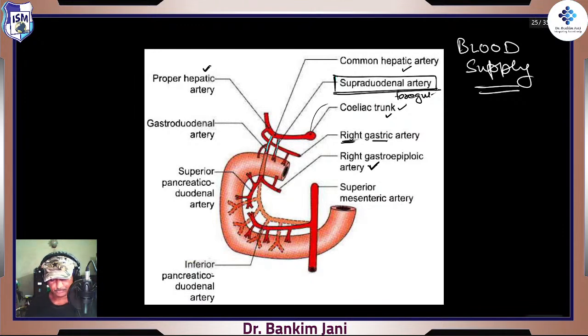And what's left? Well, this is gastro and the duodenum. So this G is this gastroepiploic, right? And D is this pancreatico-duodenal, superior pancreatico-duodenal. And as the name is superior pancreatico-duodenal, there has to be inferior, here it is. And she is here, inferior pancreatico-duodenal, and is coming out from the superior mesenteric artery.